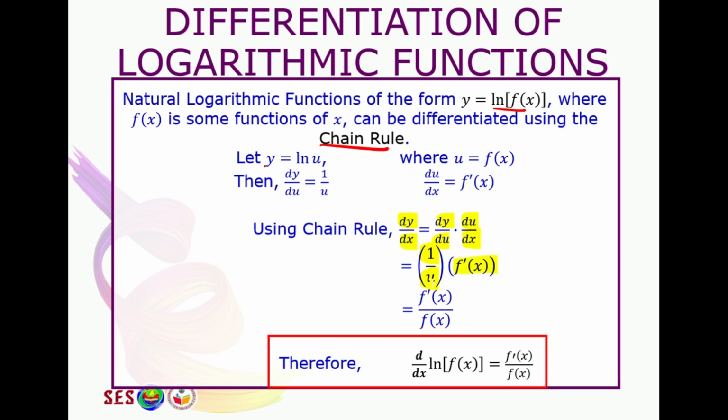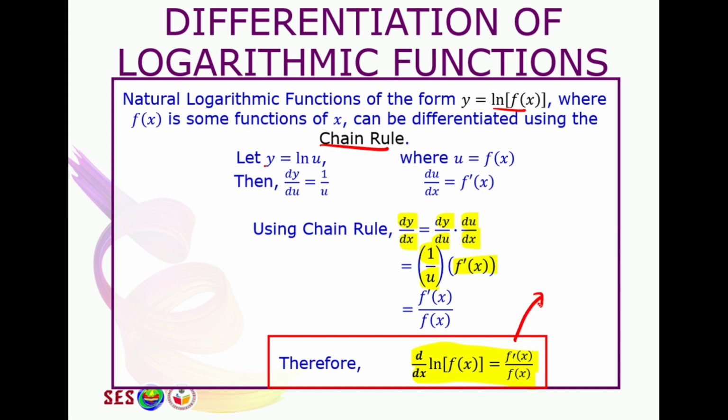The u is actually f(x), so we substitute u back. What we get is f prime x over f(x). Therefore, if we differentiate ln f(x) with respect to x, we get f prime over f(x).